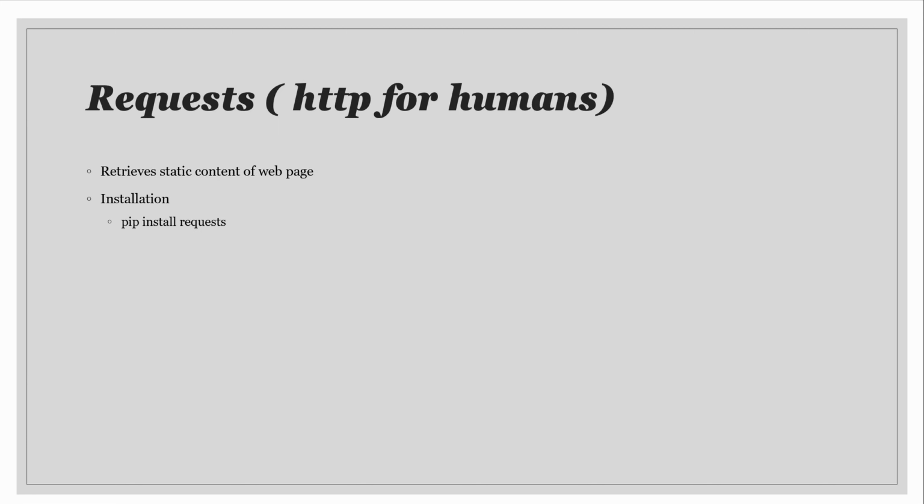My next recommendation is requests. It is another Python library for making HTTP requests like GET, POST, etc. It can be considered the most basic library for web scraping because it doesn't parse the HTML data and it cannot even handle websites which are purely made using JavaScript.